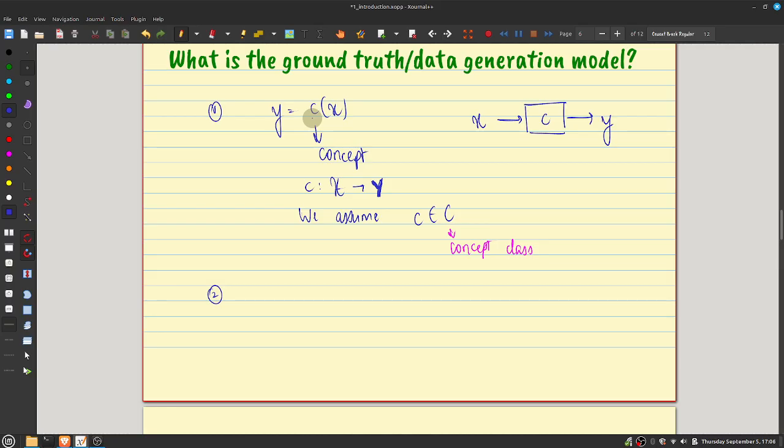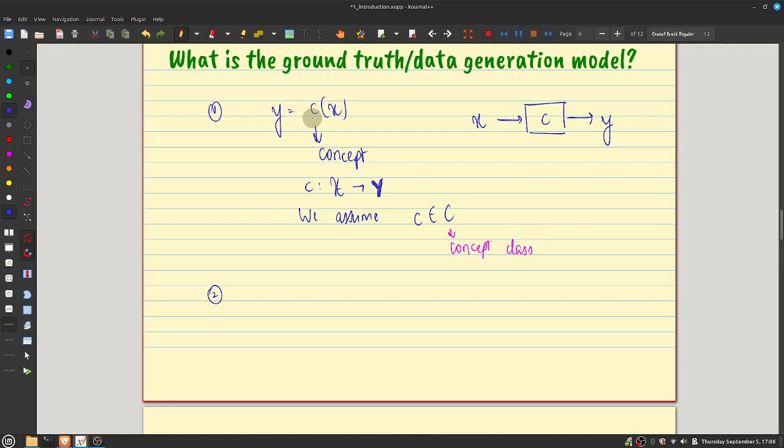Now, for this problem, one needs to decide what the domain set is going to be. It could be the collection of all apples, but you can't give the apple to the algorithm.